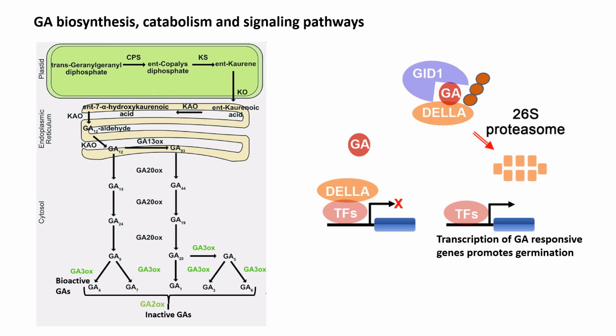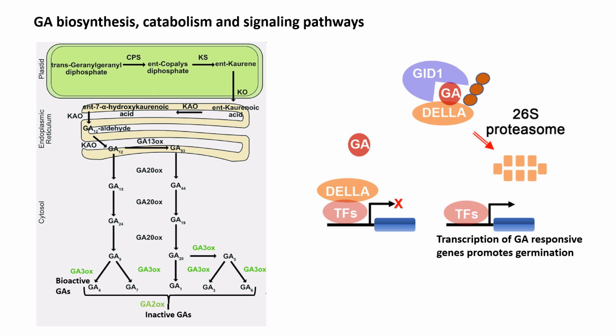Now, the DELLA proteins are nuclear transcriptional regulators that function as negative regulators by inhibiting GA signaling. DELLAs do not have a DNA binding domain, and they exert their growth repressive effects by interacting with transcription factors that are positive regulators of GA responses.